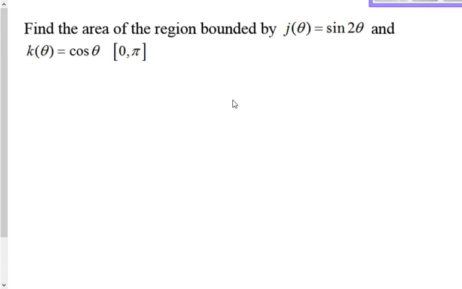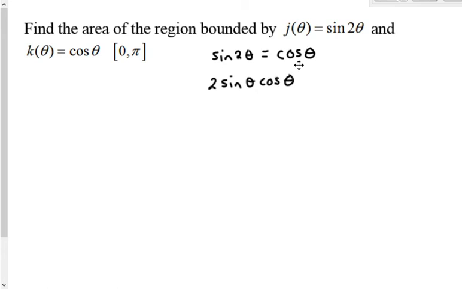All right, so without a calculator, first thing we want to do is find the boundaries of the region. So we're going to take sine of 2 theta and set it equal to cosine of theta. Okay, so double angle identities tell me sine of 2 theta is 2 sine of theta times cosine of theta.